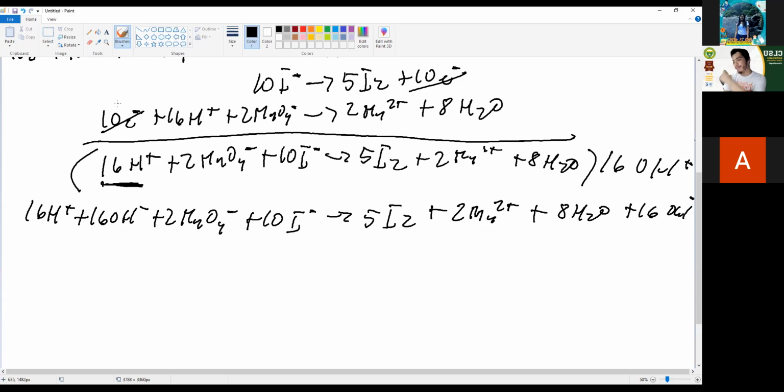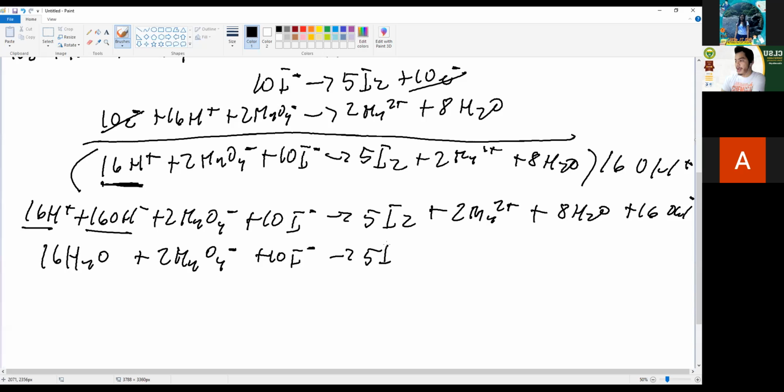So mangyari, since you have 16OH, 16H here, and 16OH, ang tendency dyan, you will form 16 moles of water plus 2 MnO4 negative plus 10I negative will yield 5I2 plus 2 Mn2 plus 8 water plus 16OH. So may water ka na dito sa right side, may water ka sa left side.